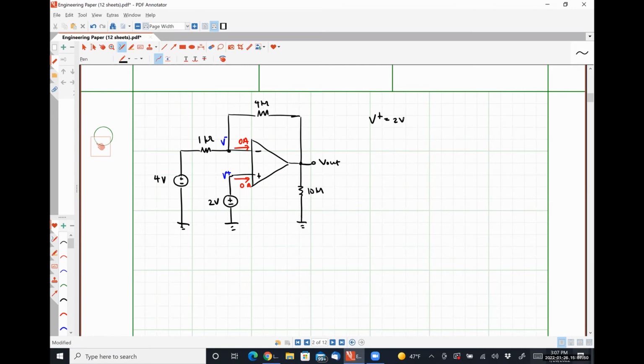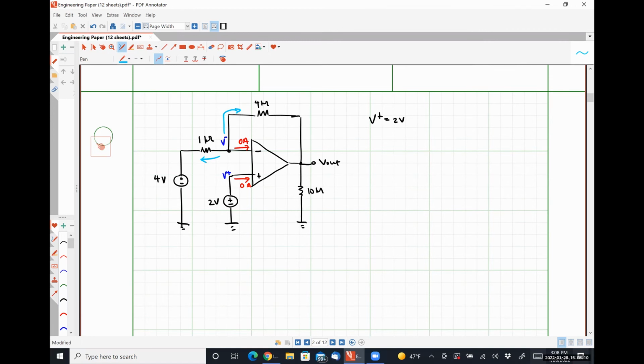Also 2 volts, absolutely right. So instead of doing KVL around this and figuring out what that voltage drop is, let's approach it in a slightly different way and apply KCL at the inverting input node.